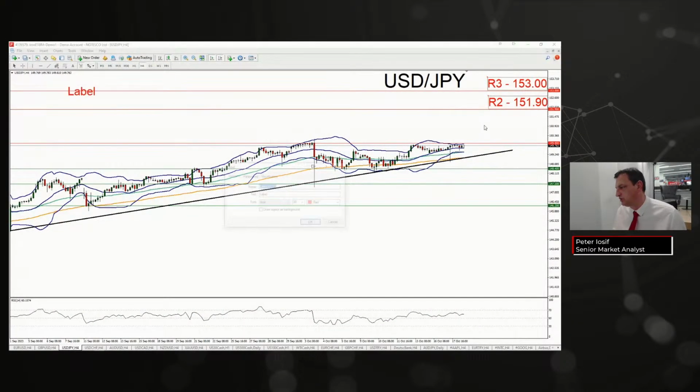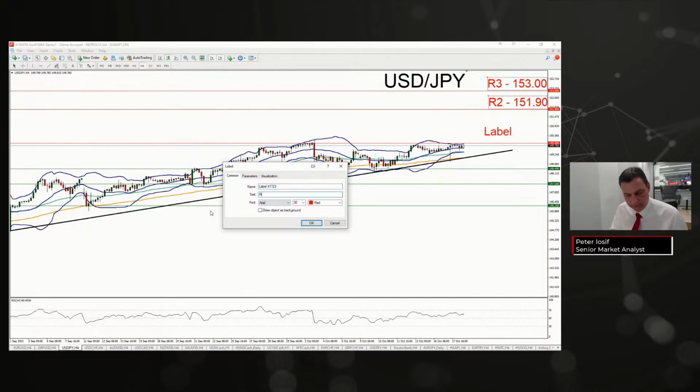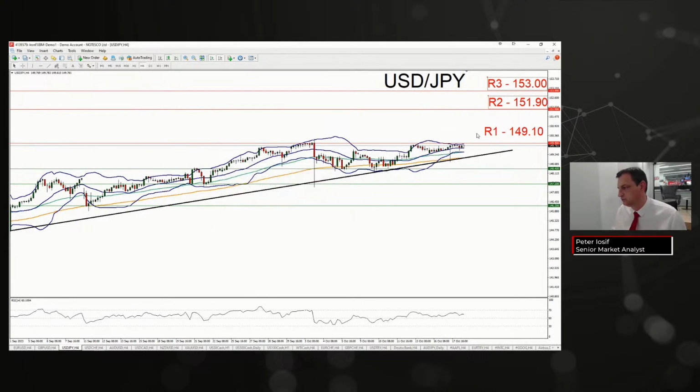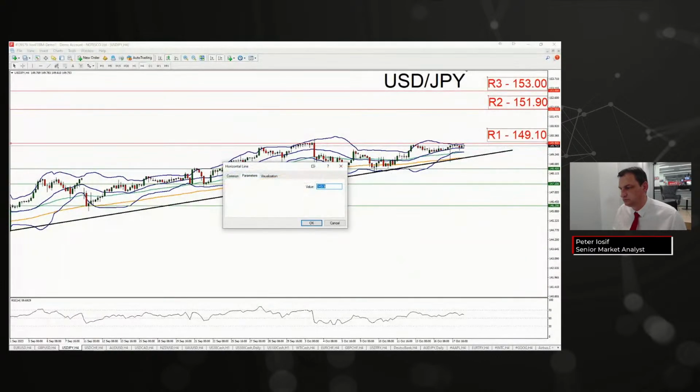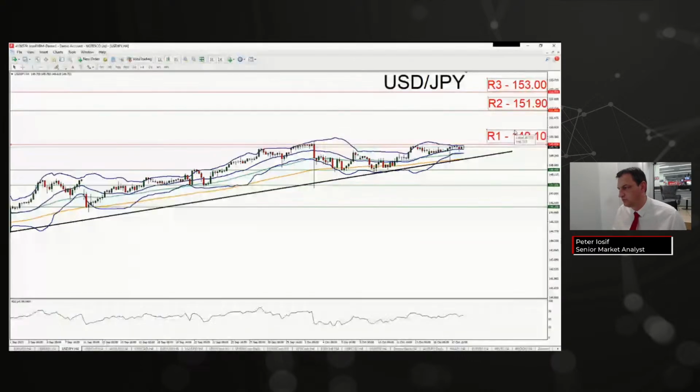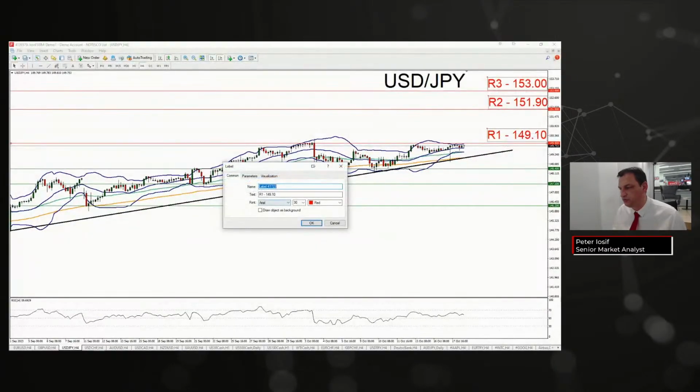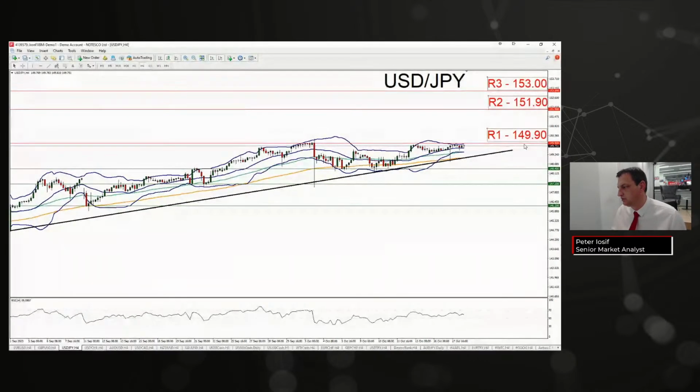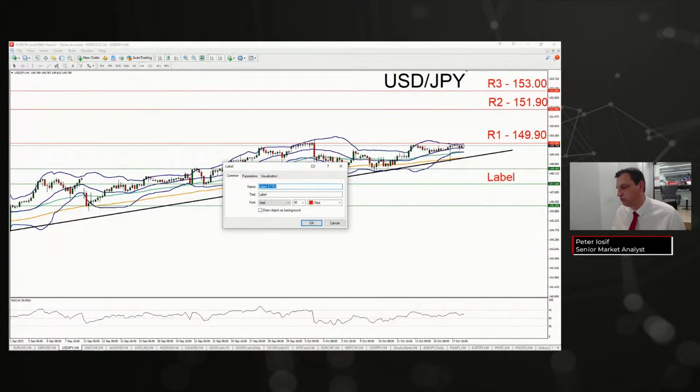And there R1, 149.10. Let's verify that level. Sorry, that would be 149.9. Let's have a look at support lines, starting with 148.40.